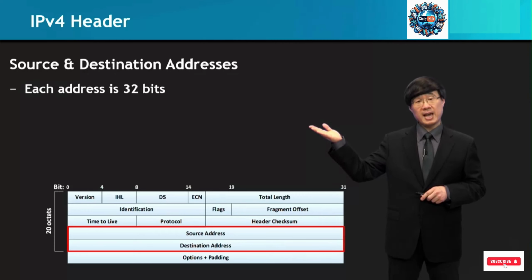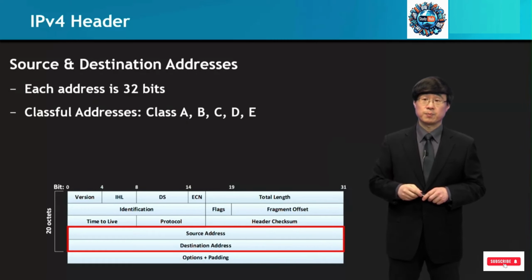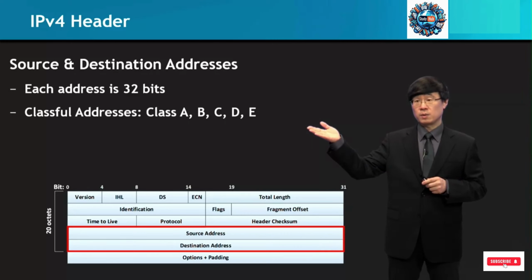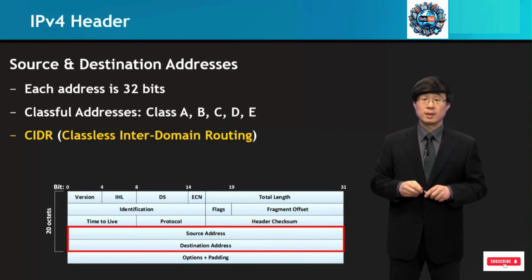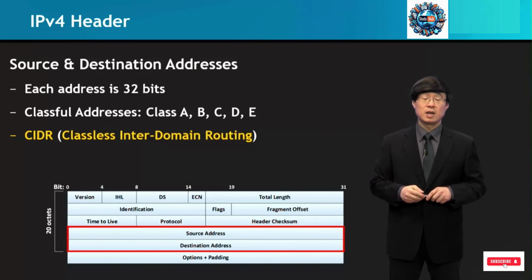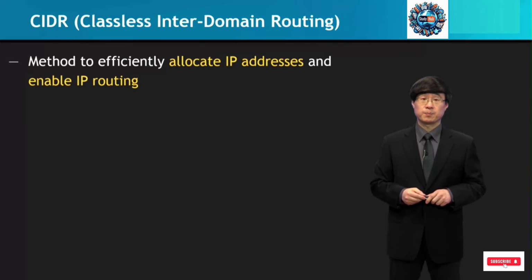Now, looking at the address fields, the source and destination address of IPv4 are each 32 bits. There is classful addressing where class A, B, C, D, and E do exist. However, CIDR, which is the classless interdomain routing notation, is used, much more popular these days.